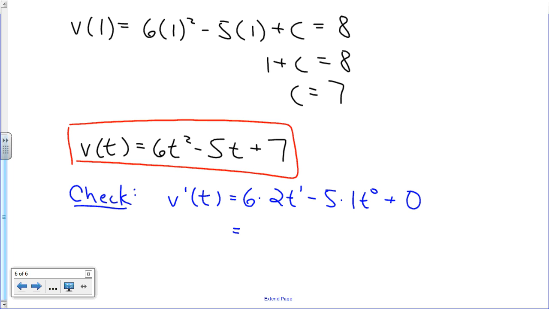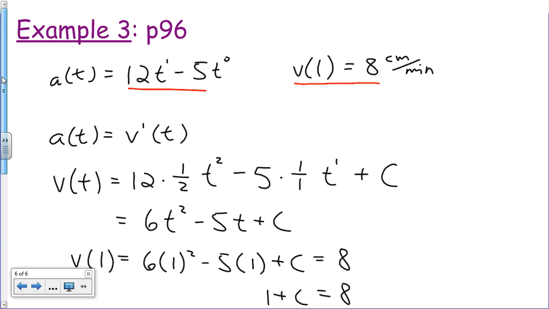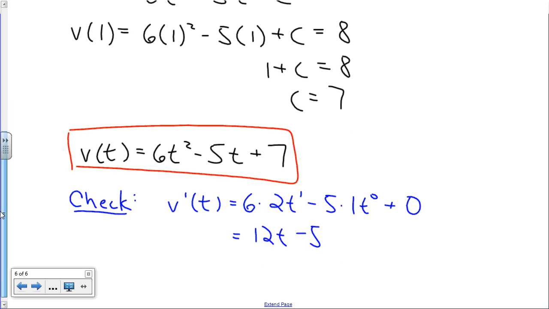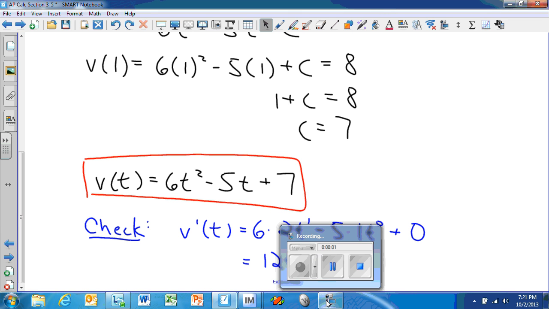Or in other words, you end up with 12t minus 5. And notice that's the original function they gave us. They gave us the acceleration was 12t minus 5, and they want us to find velocity. So it turns out that, in fact, this velocity function would give us that acceleration. And that's the end of this section here.